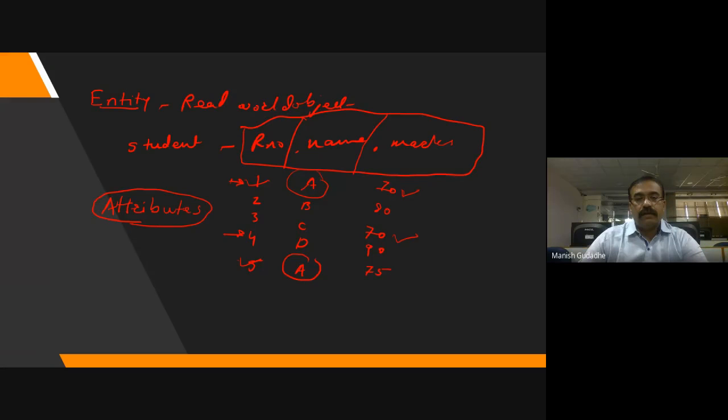Then we come to modeling of a database. Not database, rather complete DBMS. Modeling. How can we model a database? There are different models. One is called as ER model. Other is relational model.